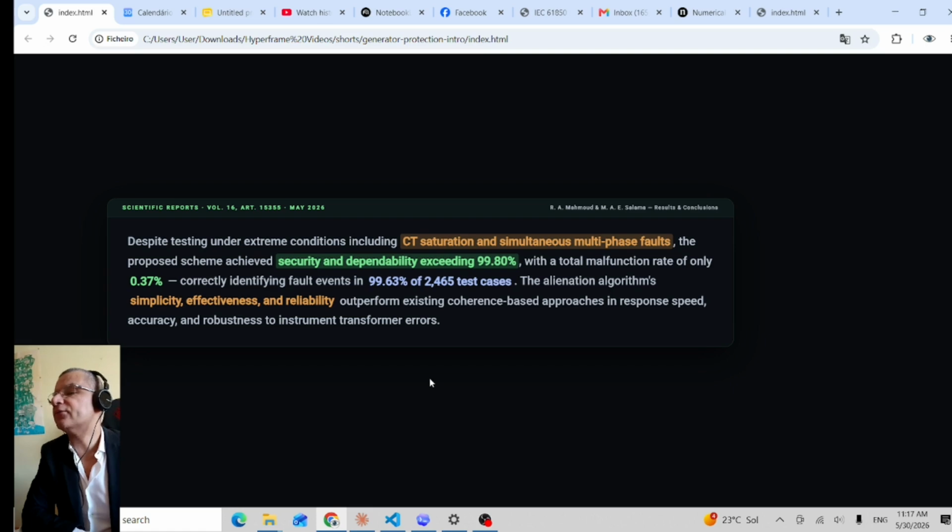It correctly identified fault events in 99.63% of the 2,465 test cases. The alienation algorithm's simplicity, effectiveness, and reliability outperform existing coherence-based approaches in response speed, accuracy, and robustness to instrument transformer errors.